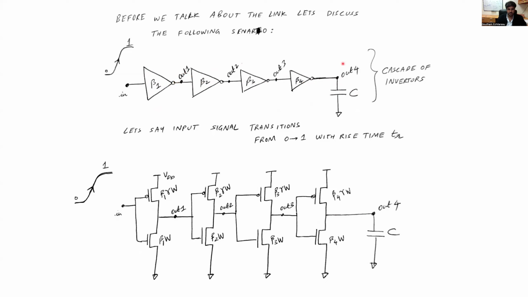So there's a cascade of inverters. And let us assume that the input signal is now transitioning from 0 to 1 with a certain rise time TR. We can represent this cascade inverter chain by using this equivalent circuit model where you have the PMOS and NMOS, which have been sized with respect to the unit inverter by the factor beta.